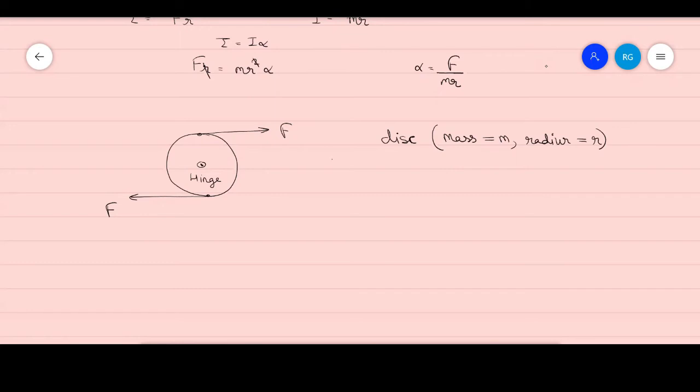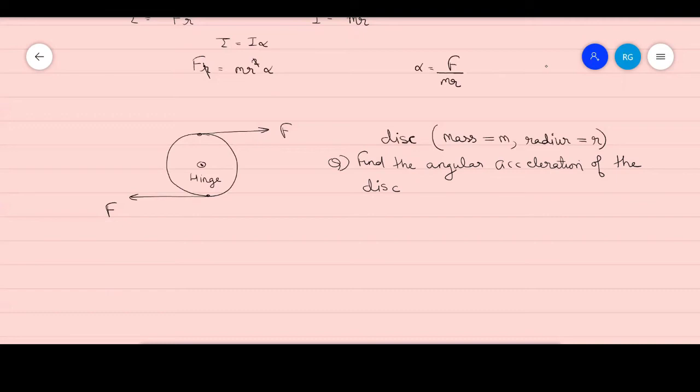So the question which they are asking is to find the angular acceleration of the disk.